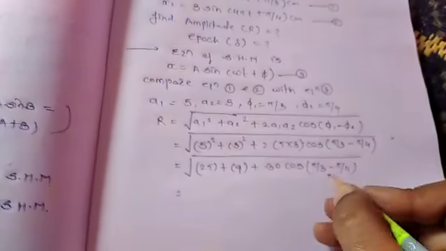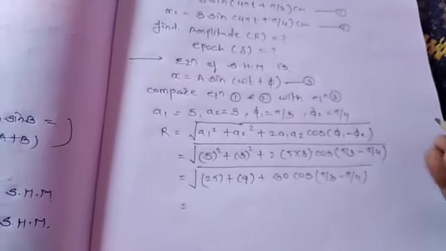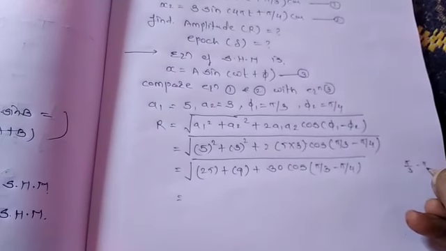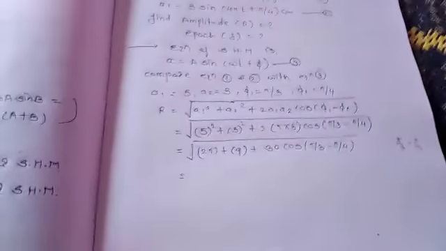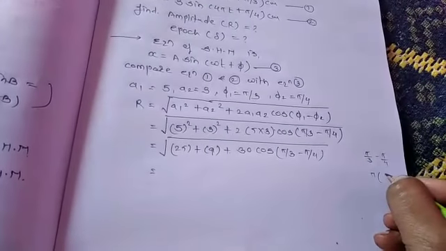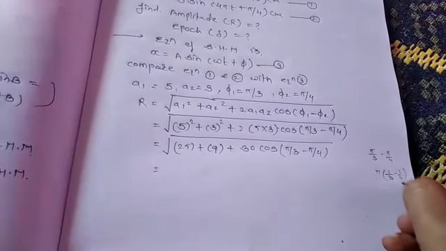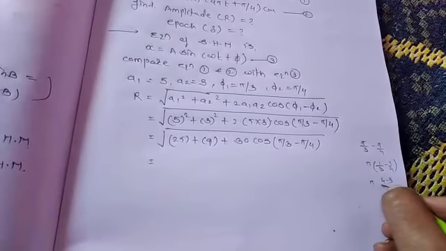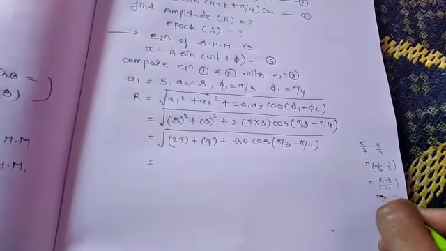Here we can write pi by 3 minus pi by 4, taking pi common, as 1 by 3 minus 1 by 4, that is 4 minus 3 by 12, which is pi by 12.